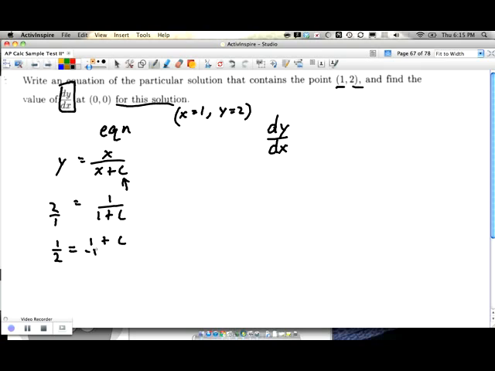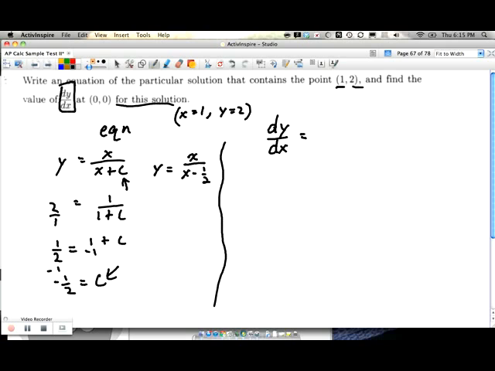And when I subtract 1, that's really subtracting 2 over 2, so I get negative 1/2 equals c. I know I did some pretty quick algebra there, but that tells me that y equals x over x minus 1/2. Then if I'm trying to find dy/dx, dy/dx was y minus y squared over x.